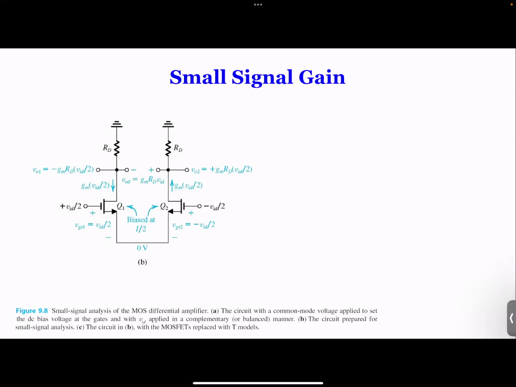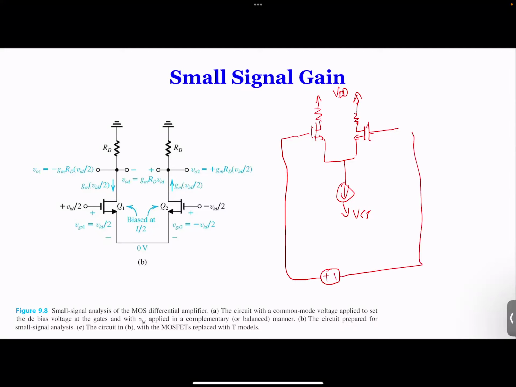So basically what they're doing is really just saying, if I redraw the circuit like we have from the previous circuit, in this example, instead of connecting, we'll simply connect two voltage sources. And in the middle, there's a ground, right?